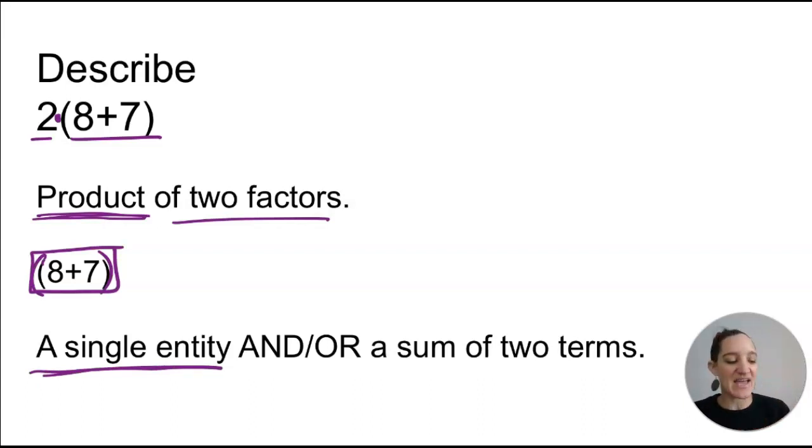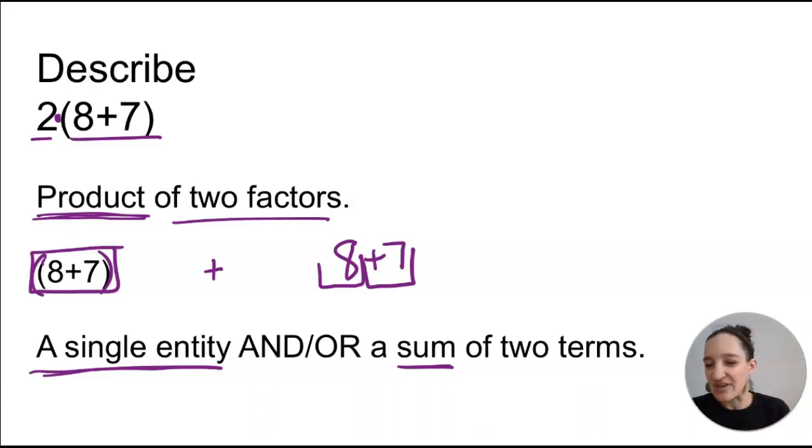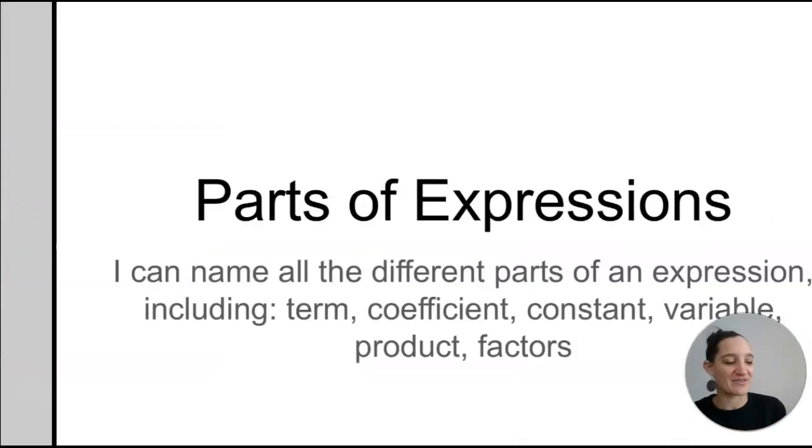But because it's a plus, we could also say it's a sum of 2 terms, right? Because this could be a term and this could be a term, since they're separated by a plus or a minus. So if you're asked to describe those 2 things, you could describe it either way and you would be correct. It's one term, one thing, one entity, but it's also the sum. There are also 2 terms there. I don't think you'll see it in 6th grade. You might, and now you know how to solve it. Now you know what to say.